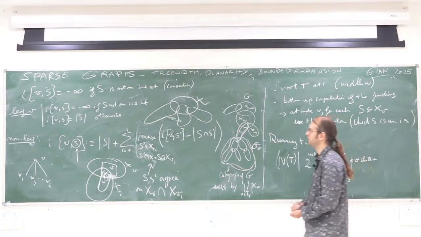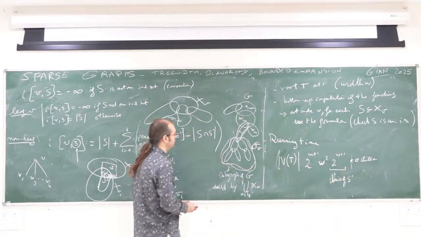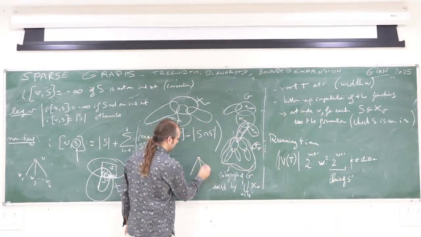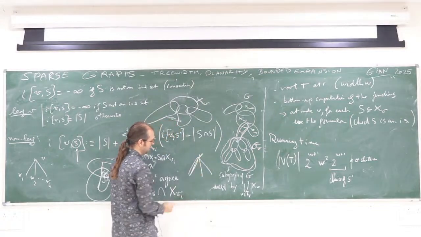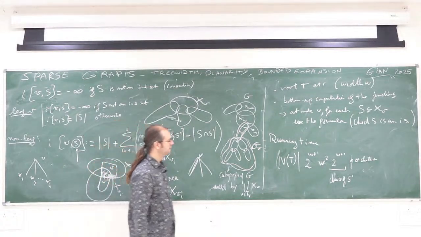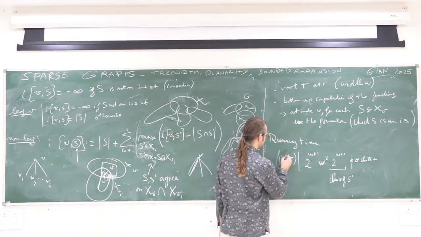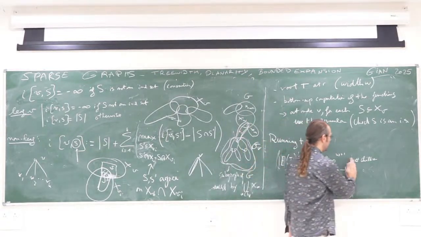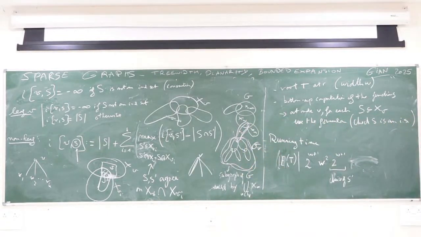Each edge of the tree decomposition will be considered only in the computation for this V. So I think we can put here the number of edges of the tree, and then we don't need to count the number of children. So I think something like this should be true.